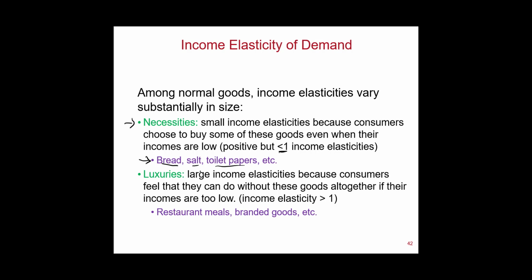It's not like branded watches or iPhones or some other branded goods where as we get richer, we tend to buy more or multiples of them. That behavior is reserved for the purchase of luxury goods. So necessities are the opposite of luxury goods, where we tend to buy a minimum amount, even if we are still very rich.